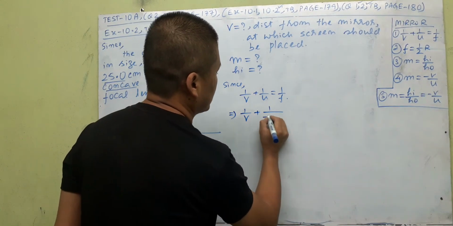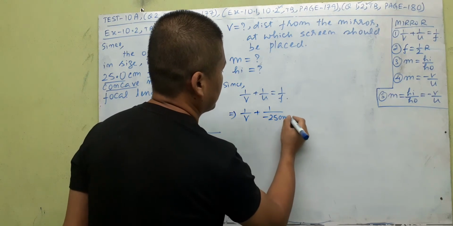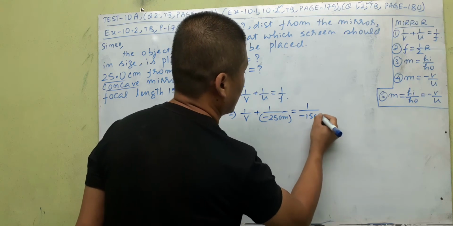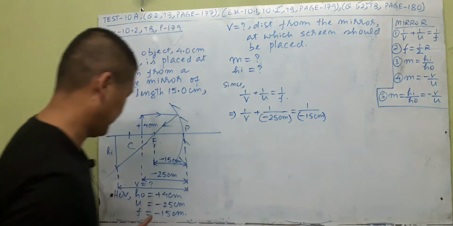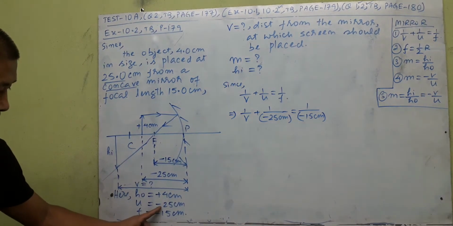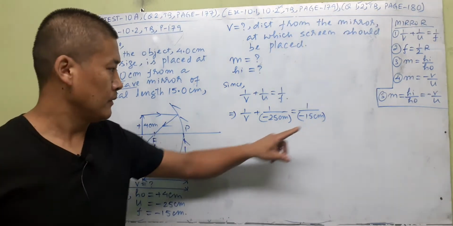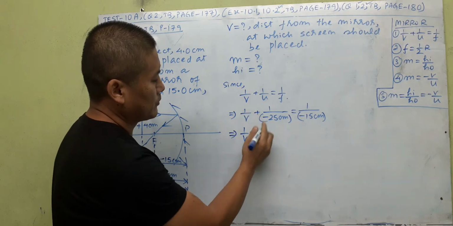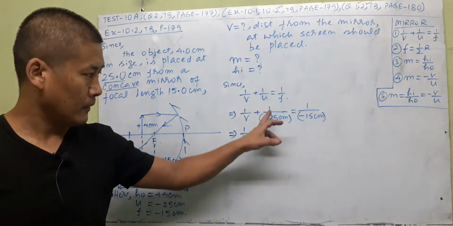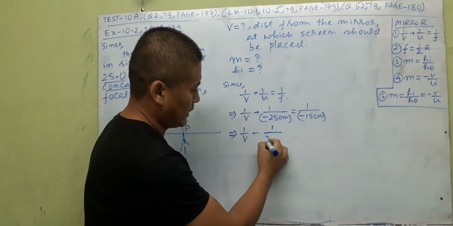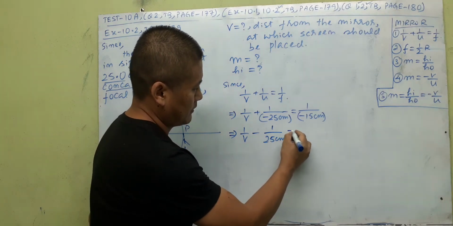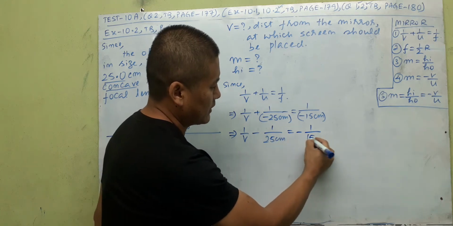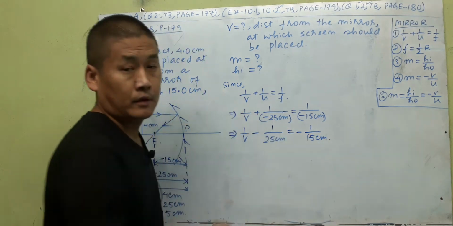Here we know U is minus 25 centimeter and F is minus 15 centimeter. So let's do slowly. 1 by V, and plus into minus is minus, right? Then minus will go up and 1 by 25 centimeter, and minus, if it is in the denominator as we said just now, we can immediately bring it up to the numerator.